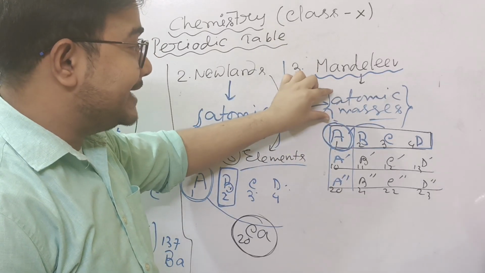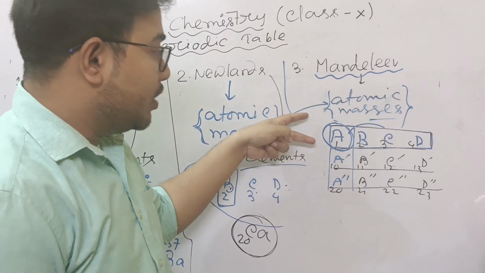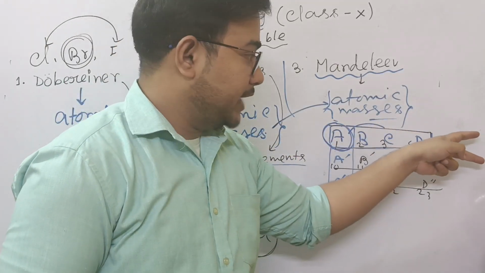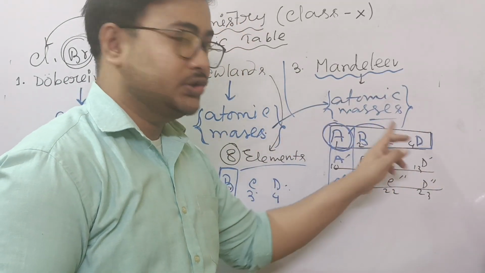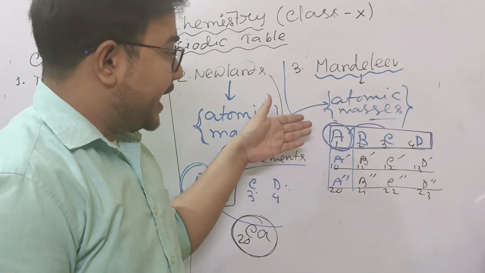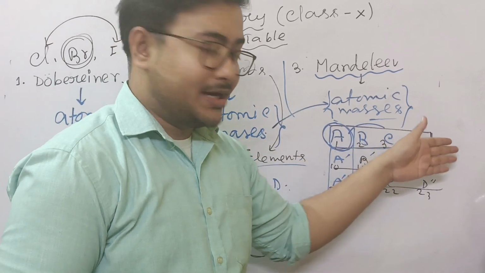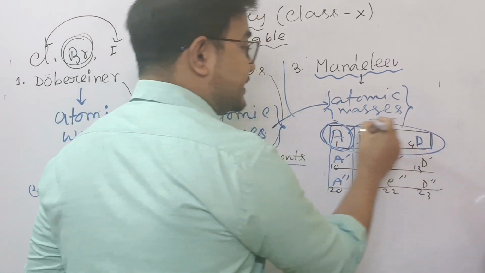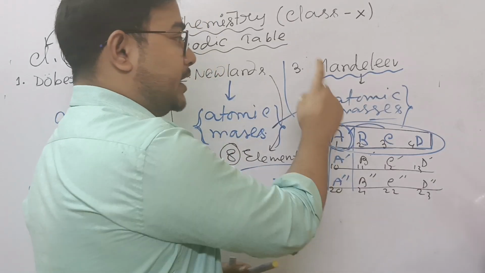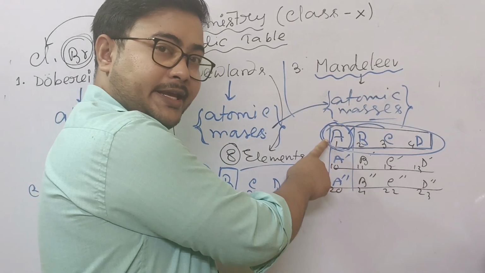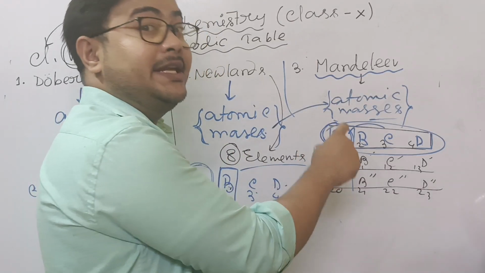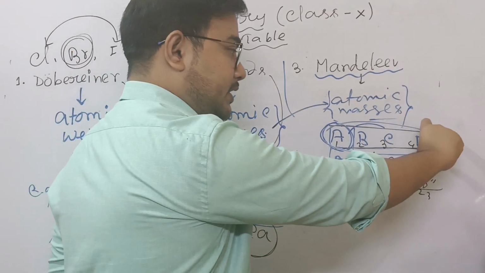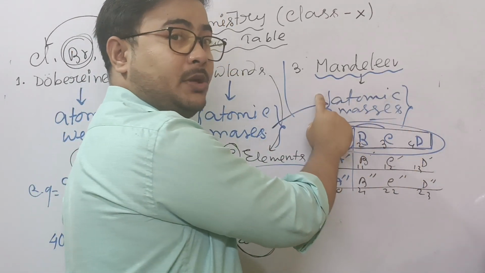So if we arrange the elements in the order of atomic masses, 1, 2, 3, 4, in a period, the whole period contains more or less the same property. Again, the properties of the elements are a periodic function of atomic masses.